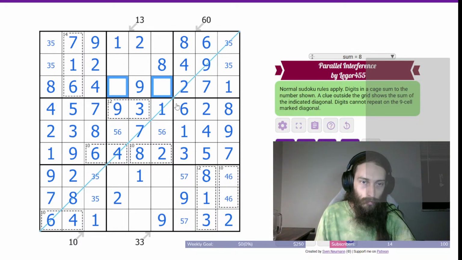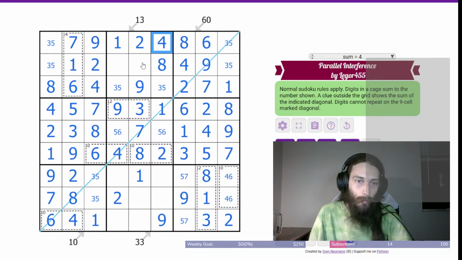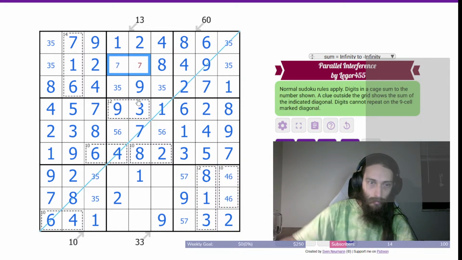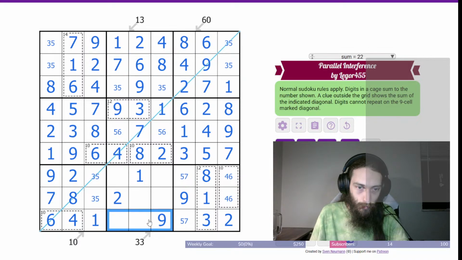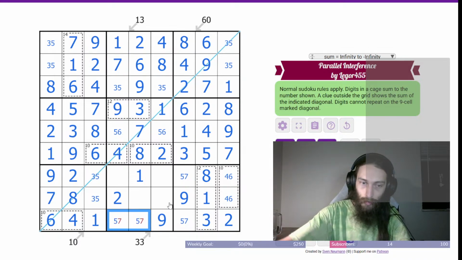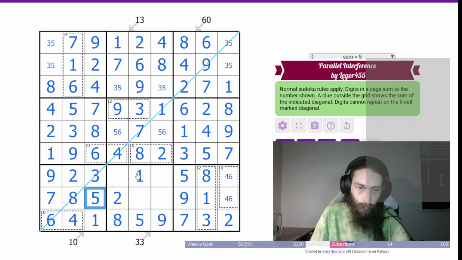Row 3 needs 3 and 5. 4 is here then. 7 is here. This was a 6. What are these two? 5, 7. Well, neither is 7, so that is 8, 3, 5, 8, 5.